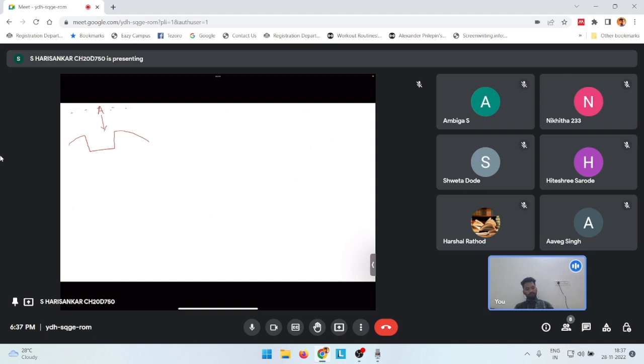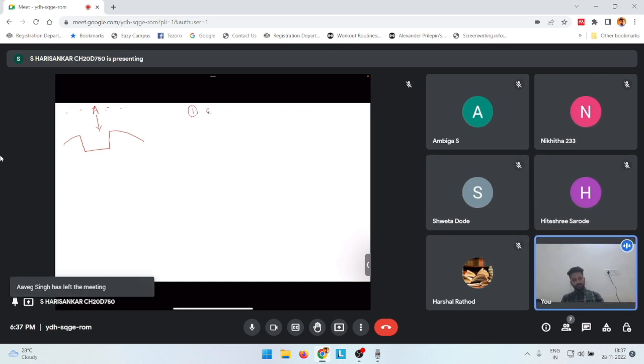That is the first step: external diffusion from the bulk medium to the catalyst surface. This is your first step in a catalytic reaction.